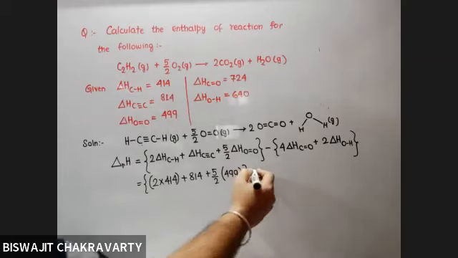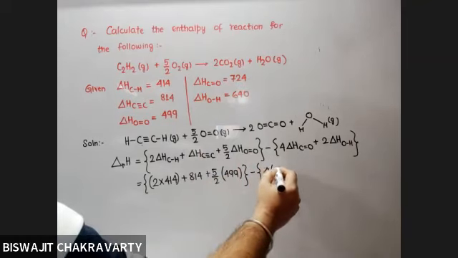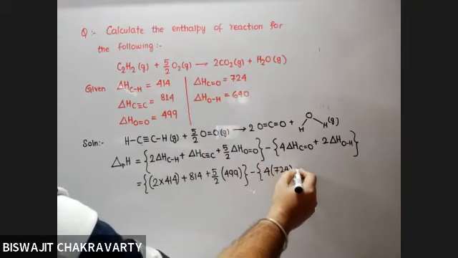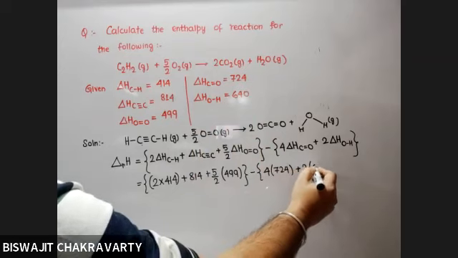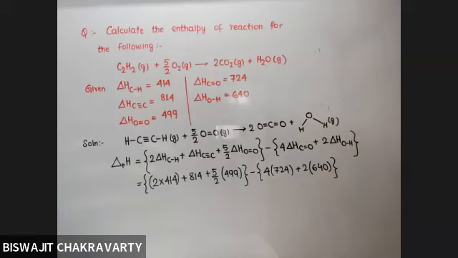Minus 4 into 724 plus 2 into 640. So how much is this?